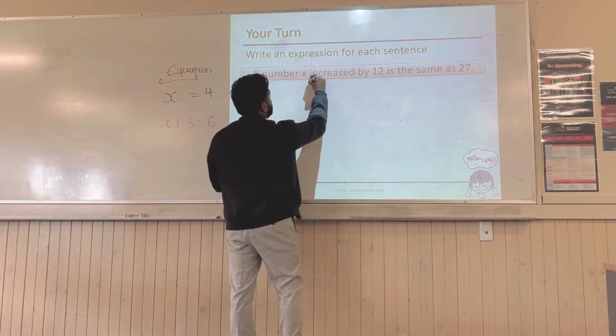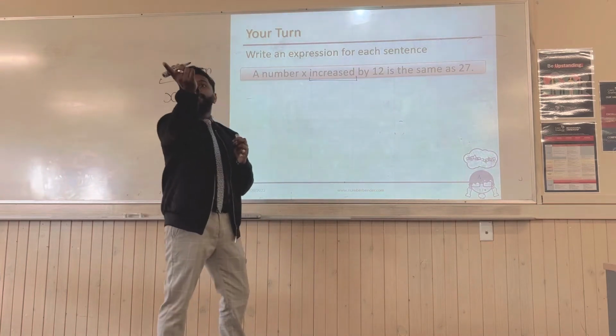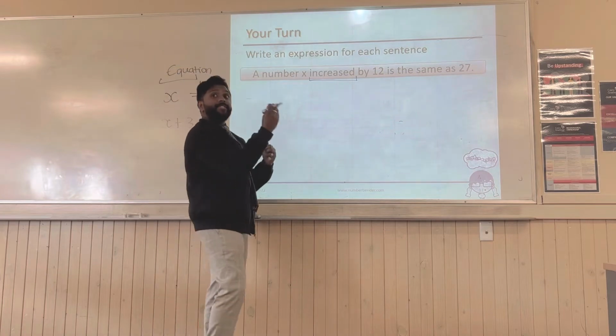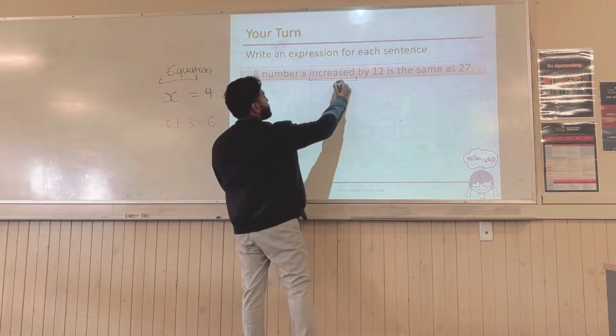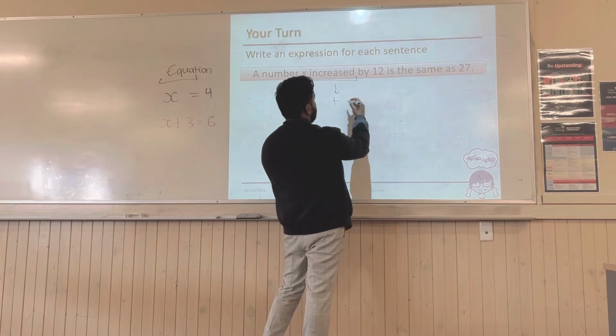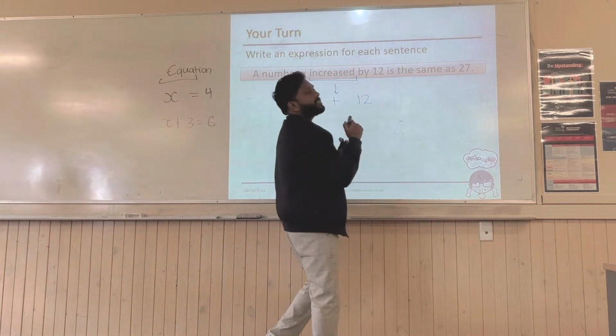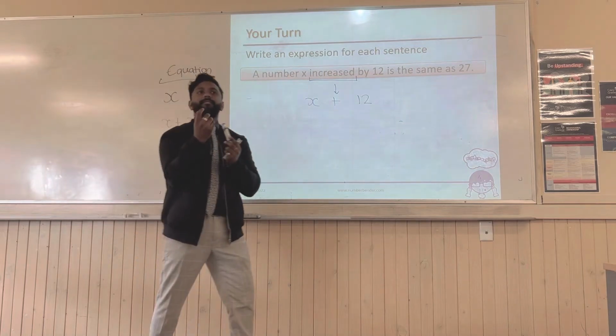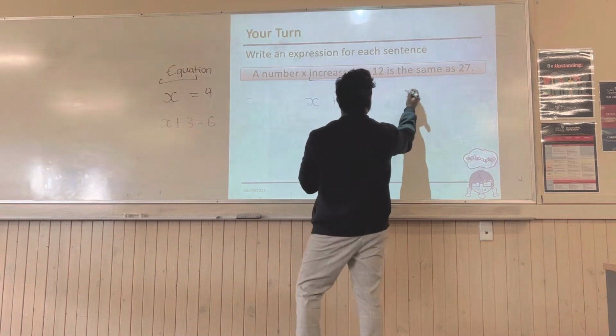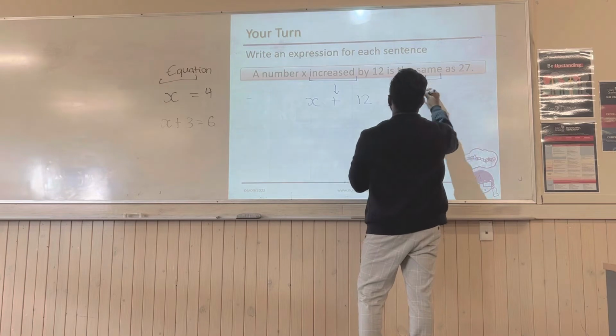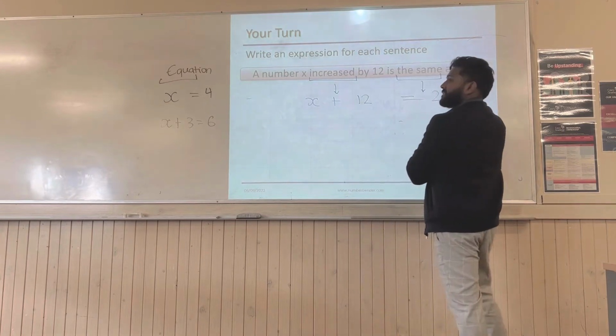Yes, correct, but specifically operation. So this is going to be plus, and then what are you going to have? By 12, okay, is the same as. What does that mean in maths? Equals. So the same is equals 27.